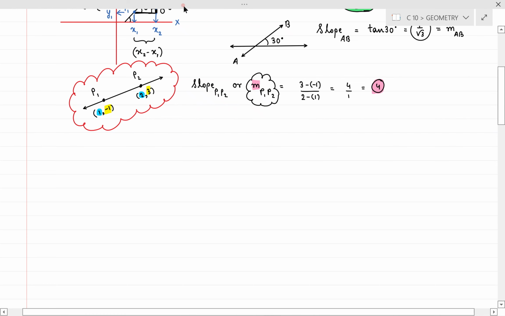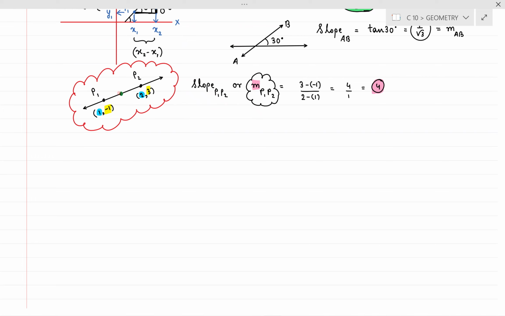To do that, you consider one more point. We will consider a random point on the same line whose equation is supposed to be calculated.